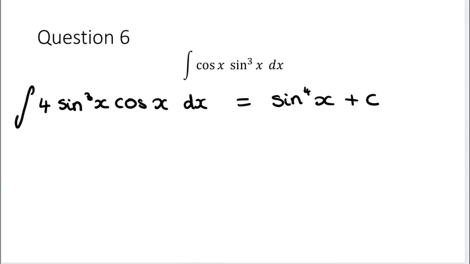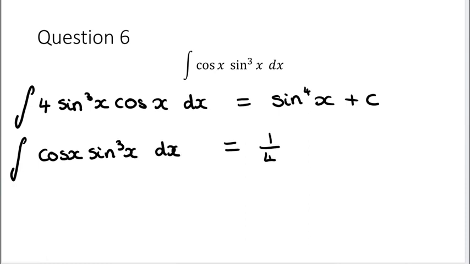So that means if we integrate 4 sine cubed cos x, we get sine to the 4 x plus c. So therefore, all I'm doing here is just integrating a quarter of that. So my result will just be a quarter sine to the power of 4.